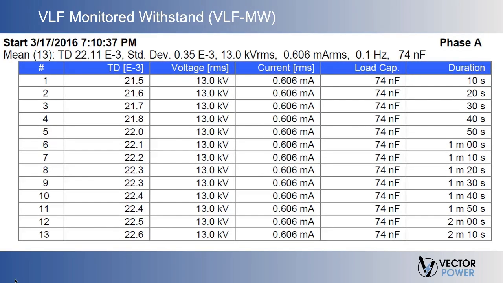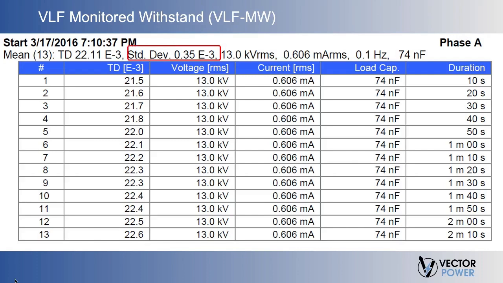Now here, when we go above operating level and we increase the voltage to approximately 1.5 times U naught, or 1.5 times operating phase to ground, we begin to see some very interesting things happening in the dielectric.